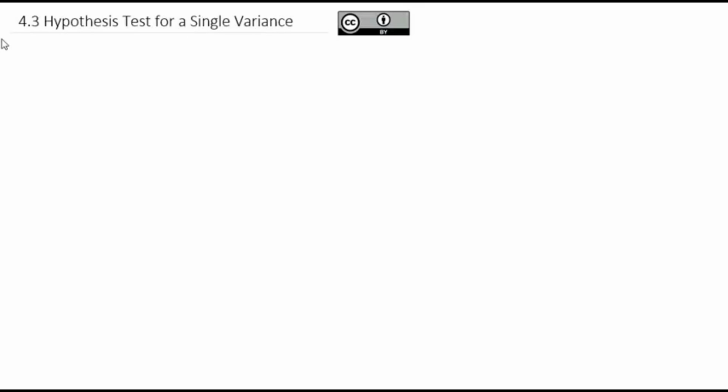Today we're going to take a look at another use of the chi-squared distribution, and that is testing a claim about a single variance. Our question's going to be, how do we test a claim about a variance?